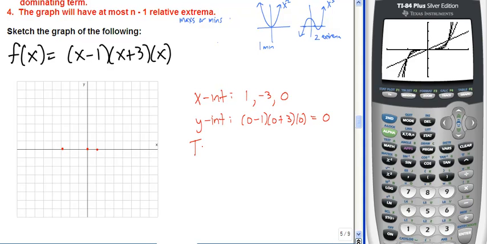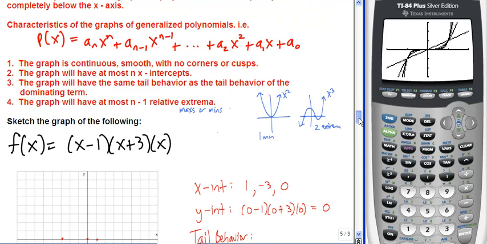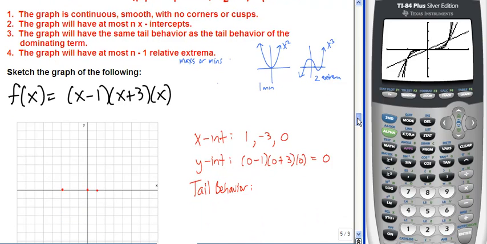Then the last thing that you want to look at is that tail behavior, and this is going to be determined by the dominant term, and that's what this characteristic number 3 was talking about. No matter how crazy your polynomial gets, its tail behavior is always determined by that dominant term. Now, I'm not going to expect you to FOIL all this out, but in your head, imagine what would be the dominant term if you were to FOIL it out.